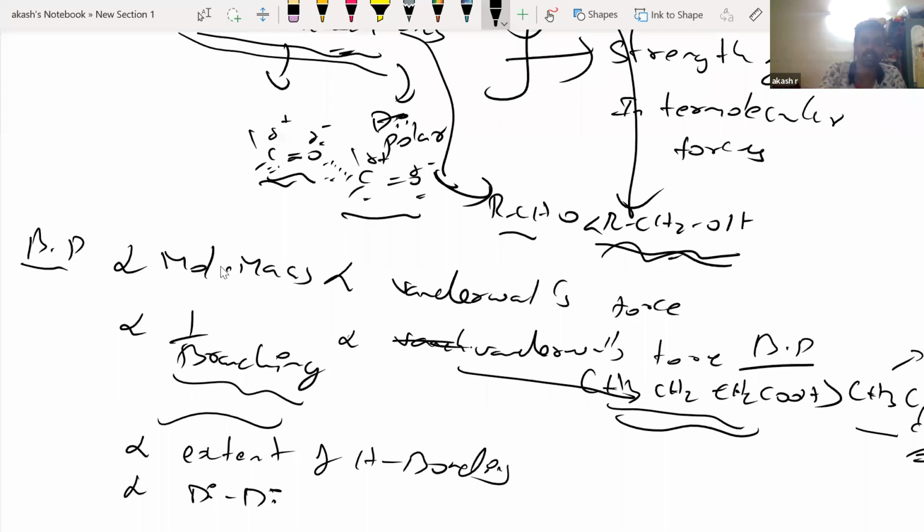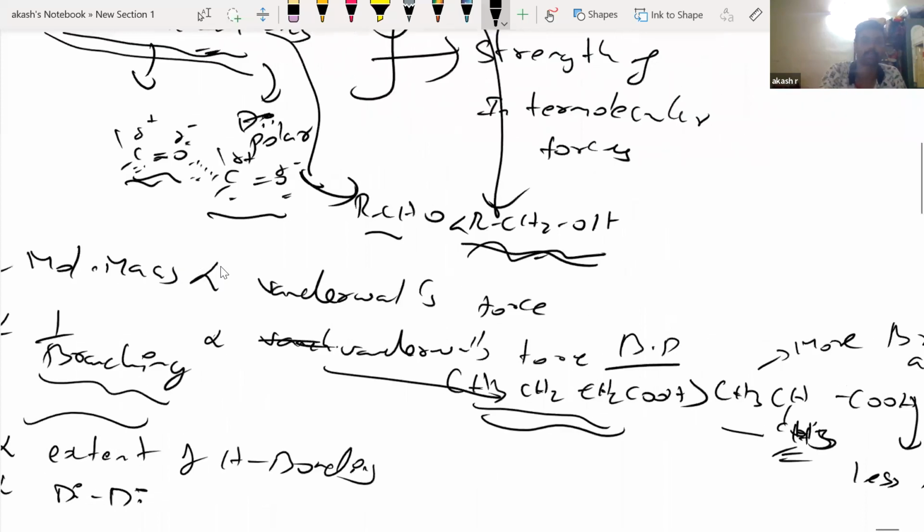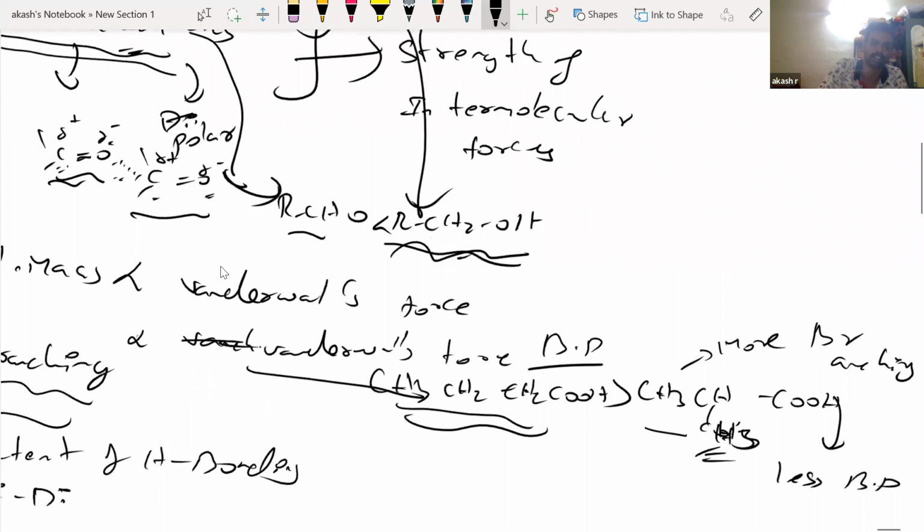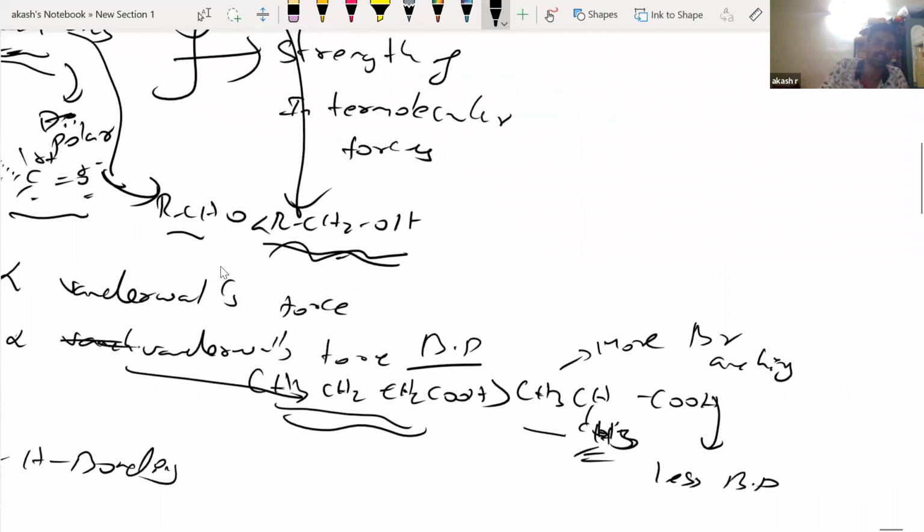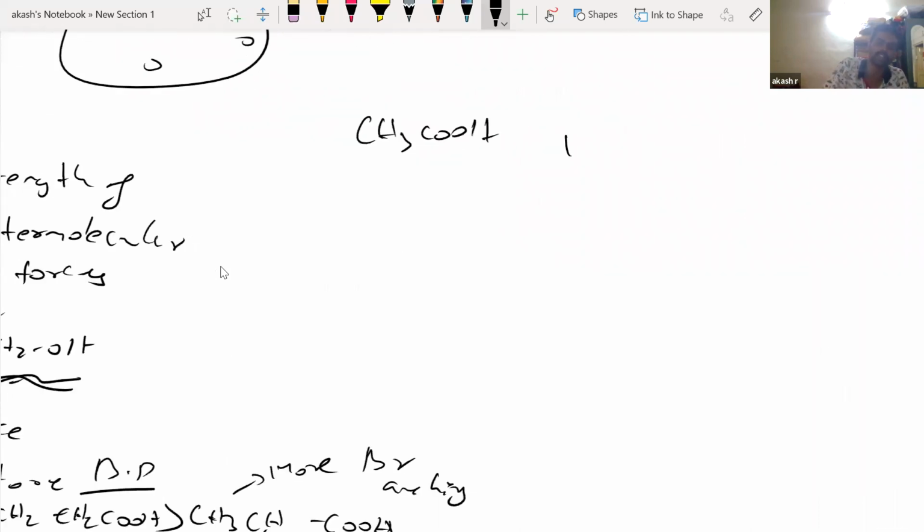Now keeping all this in mind, we can check. First, if I compare CH3COOH with HCOOH, which do you think is going to have the higher boiling point?